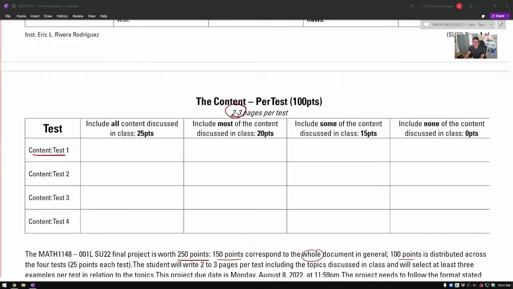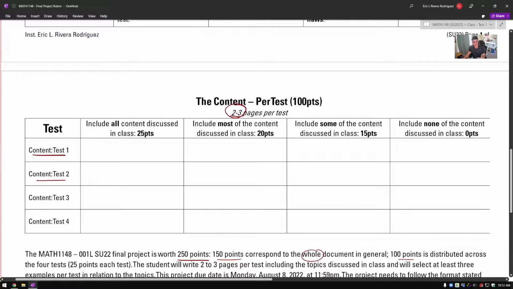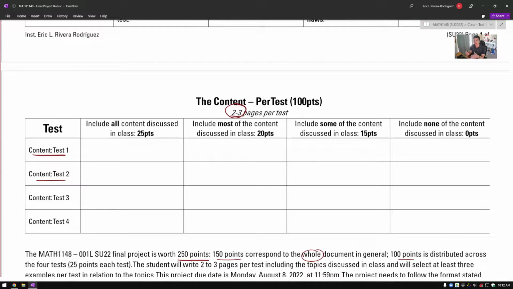Okay. Starting on Friday, we're going to start with test number 2, and I'm going to give the class more structure. I'm going to say, this is topic number 1, this is the one that we're going to discuss, and then I'm going to give you the definitions and the examples. Those examples, definitions, and topics that I present are the ones I want to see in the content of test number 2 on your project.